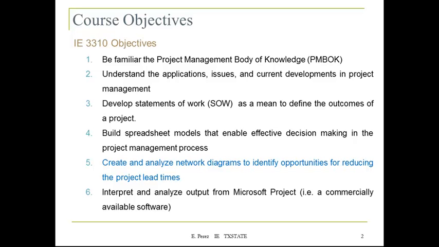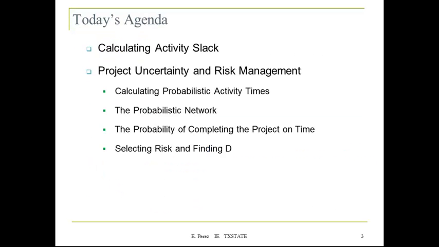So we're still on objective number 5 for the class, which is create and analyze network diagrams to identify opportunities for reducing the project lead times. And the agenda for today is, first, we're going to calculate the activity slack. I know you should be familiar with that already. And then we're going to talk about the project uncertainty and how to manage the risk that is due to this project uncertainty.